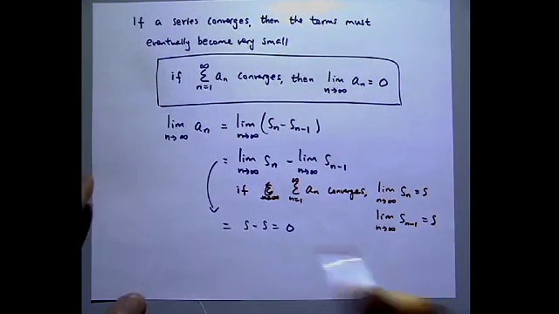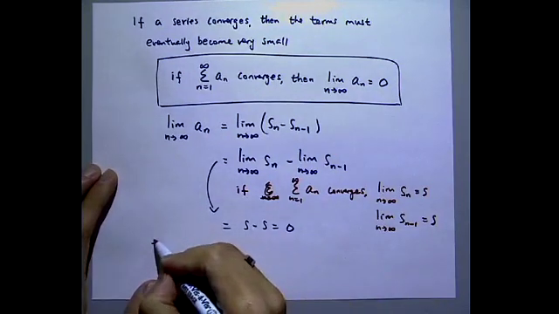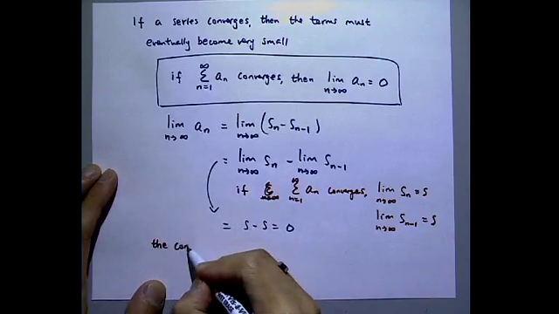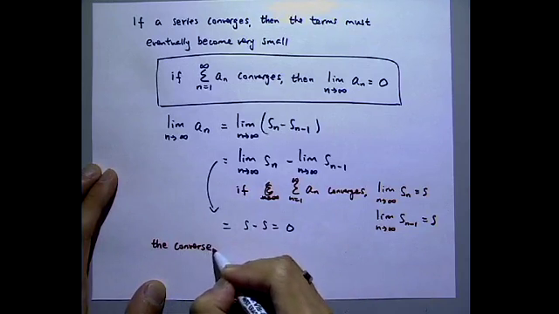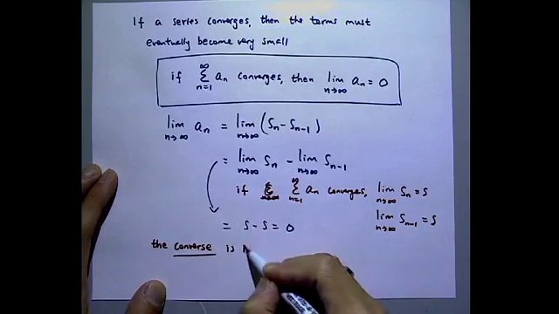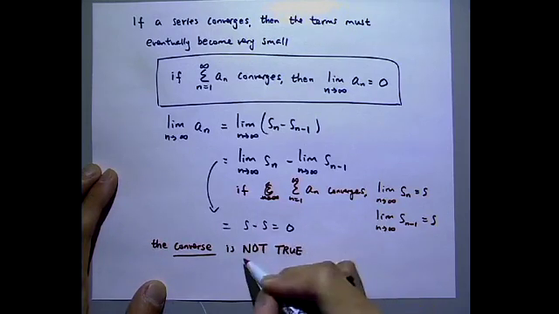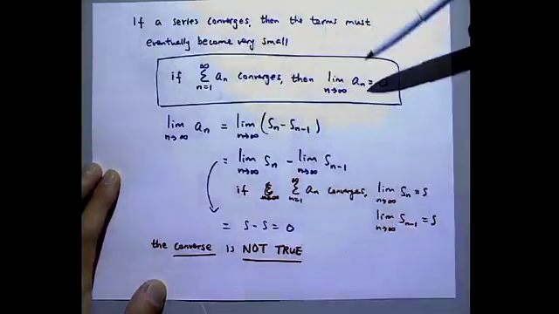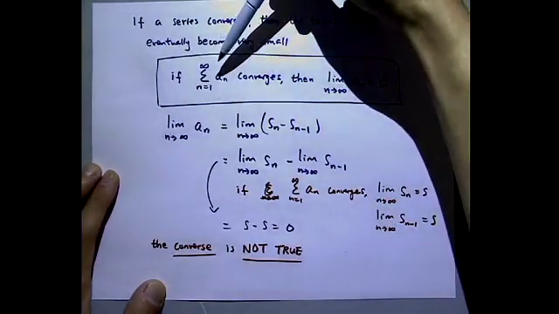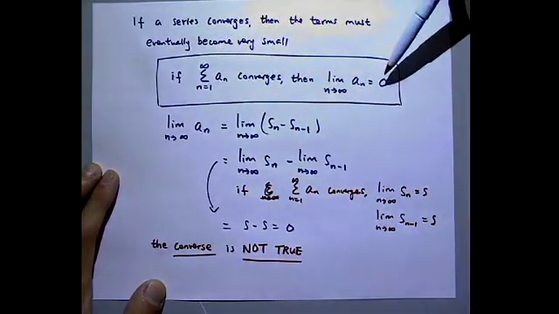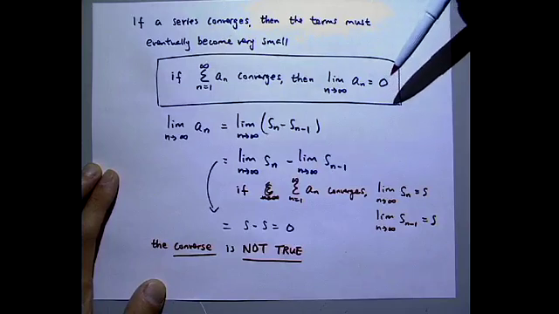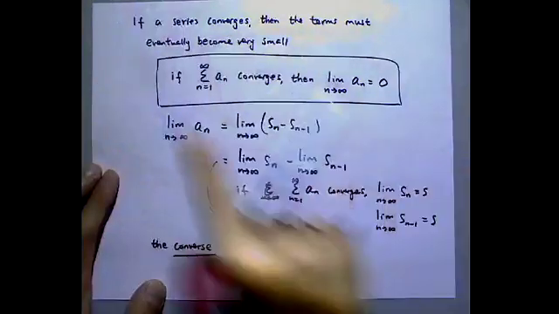Now, this is a very important point, this next point. This is a one-way statement. If a series converges, the terms must eventually approach 0. The reverse is not true.